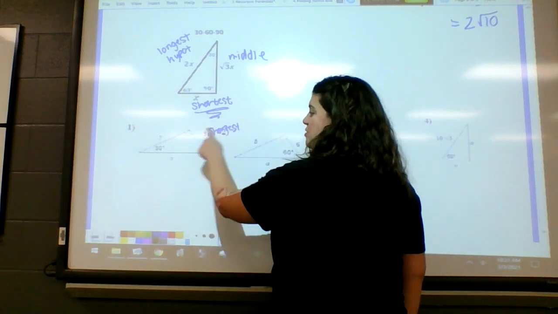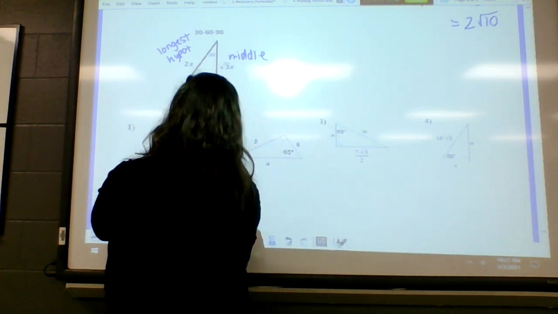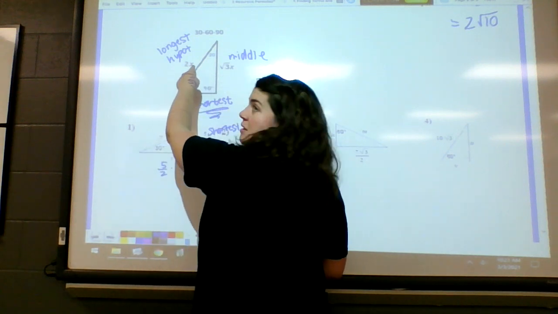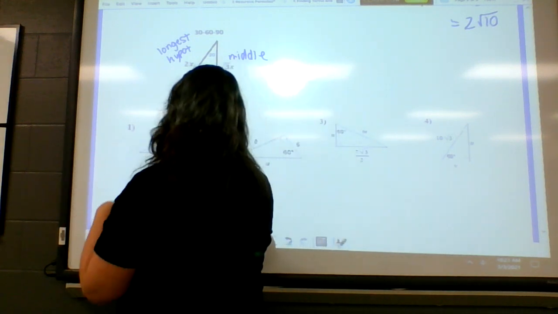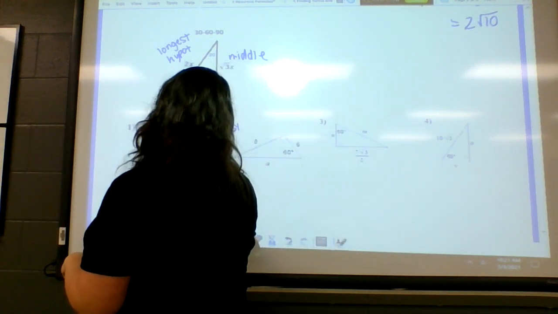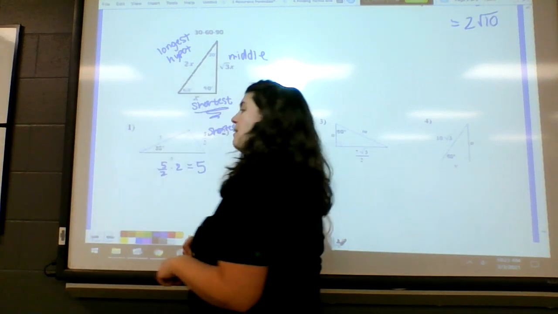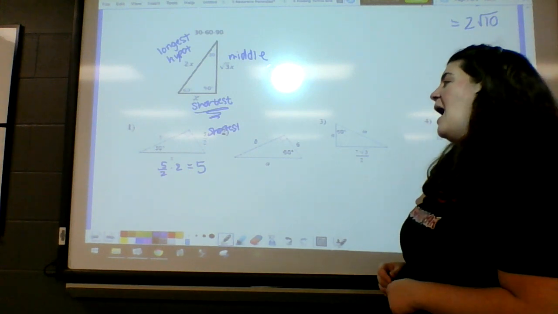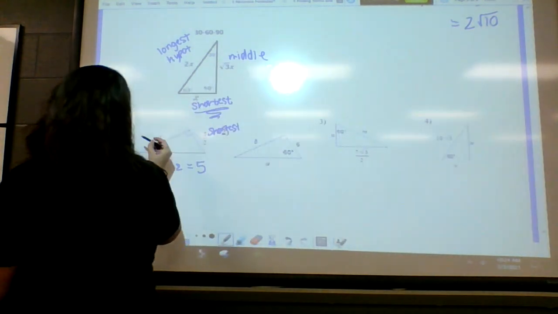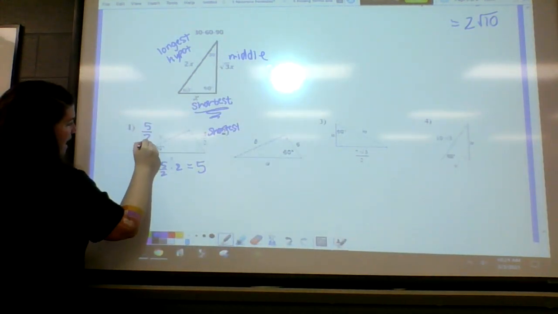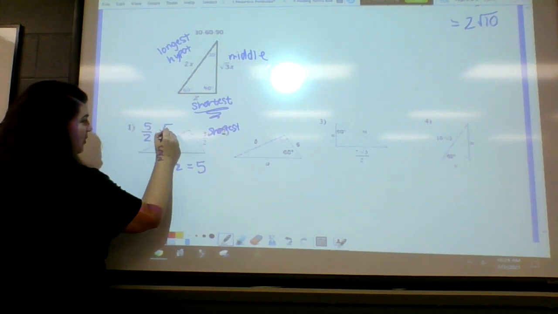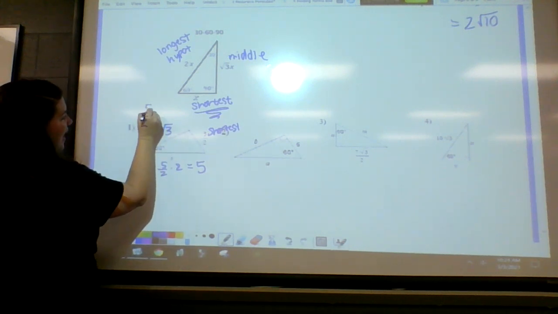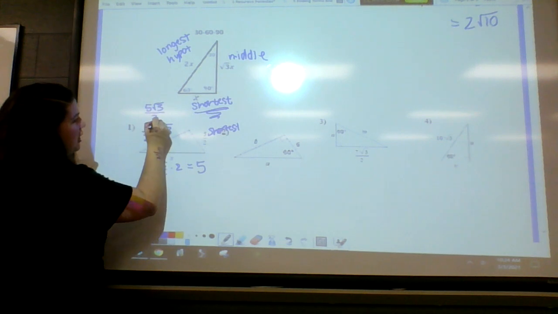So your hypotenuse is 5/2 times 2. And 5/2 times 2 is just 5. So your hypotenuse in this problem is 5. And then your middle side is going to be 5/2 times the square root of 3. And so you can just write that as 5 square root of 3 over 2.